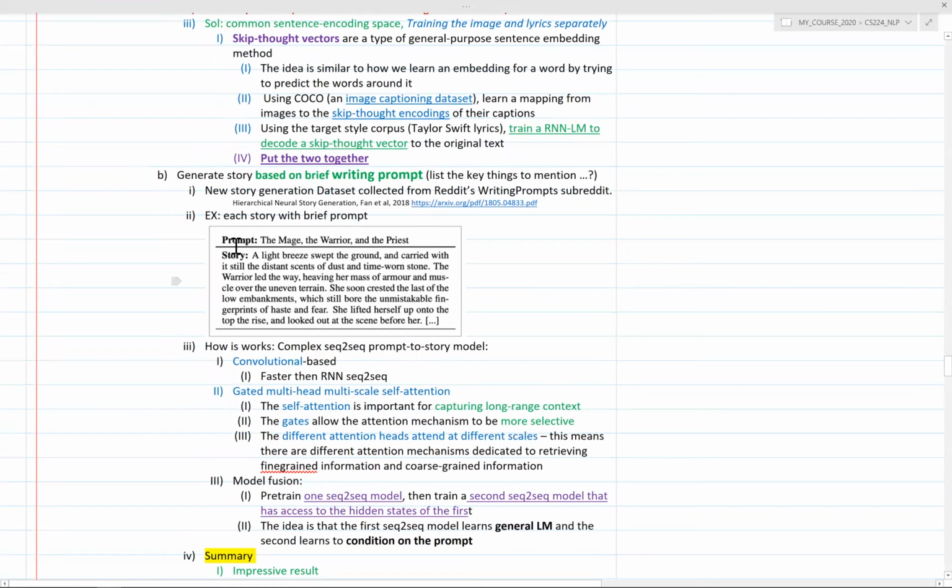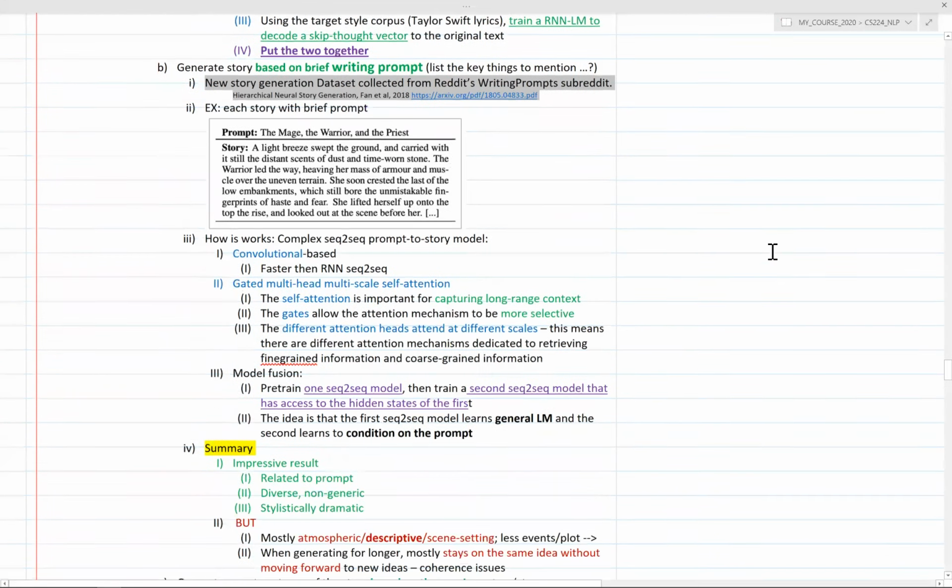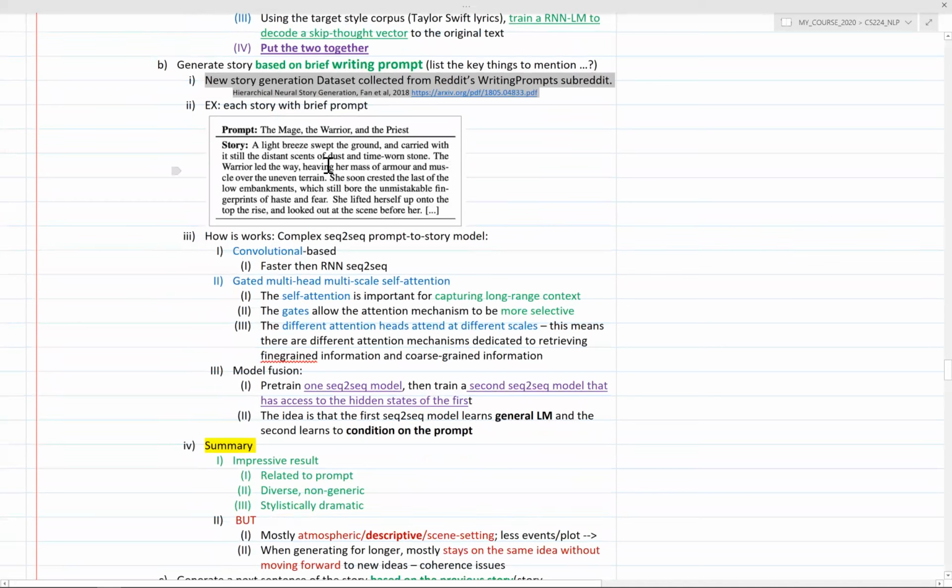Another way of generating a story is from a writing prompt. As the example in this paper shows, we input three words, and then we generate a story like this. In this example, we used a complex seq2seq prompt-to-story model, and it is convolutional based.